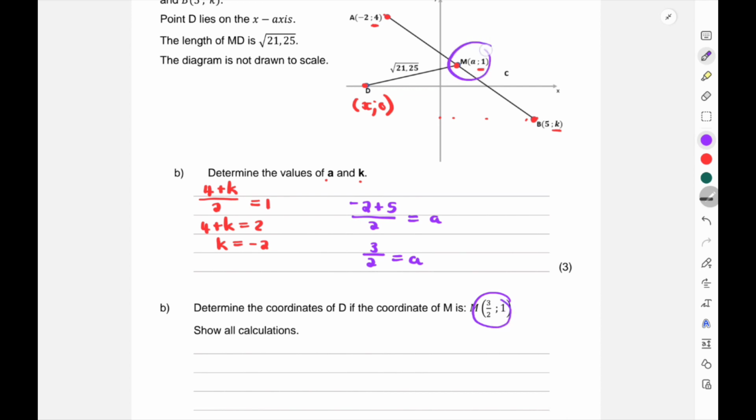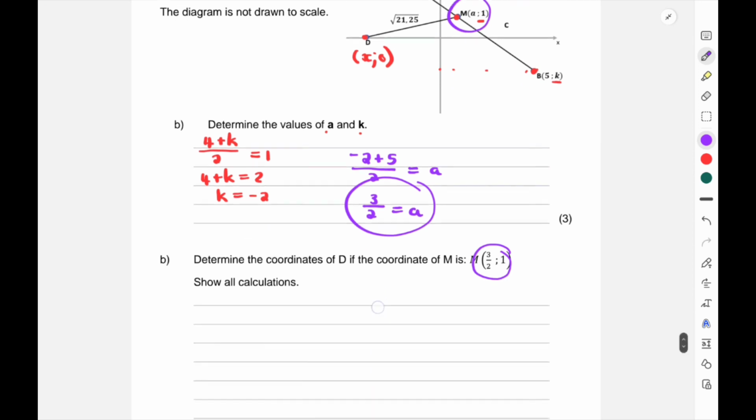So you can always go check your answer. If they had to give you a follow-up question, but the teacher doesn't want to do follow-up marks, she'll sometimes tell you the coordinates, and you can take it that that should be your answer from the previous question. So if it's not, go and redo it and make sure that you do have it correct. Okay, and it tells you to show all your calculations.